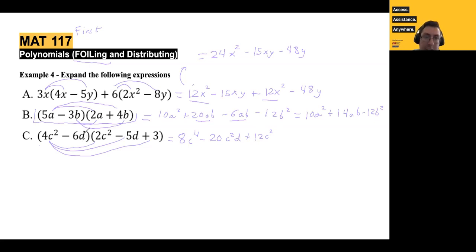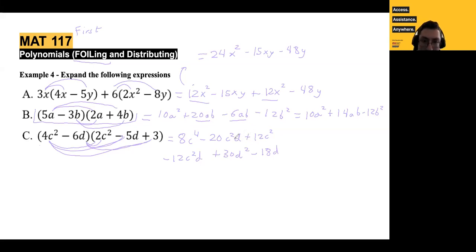And then the minus 6d in every term, minus 12c squared d plus 30d squared minus 18d.